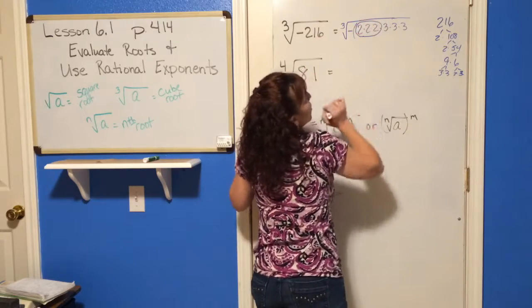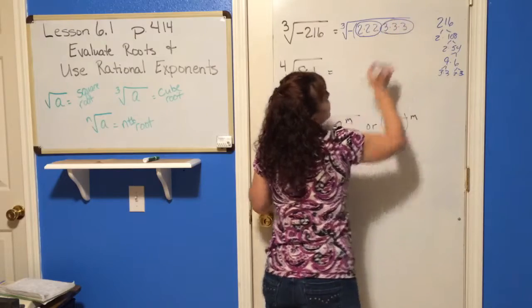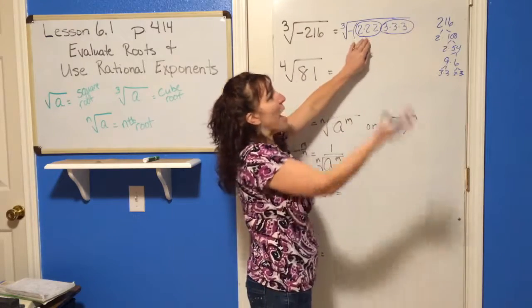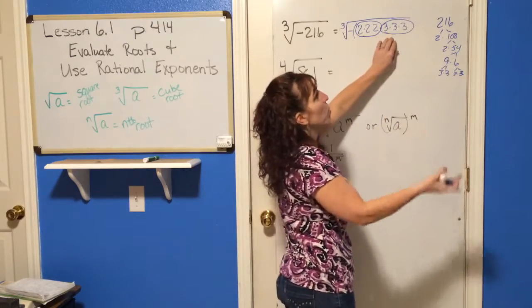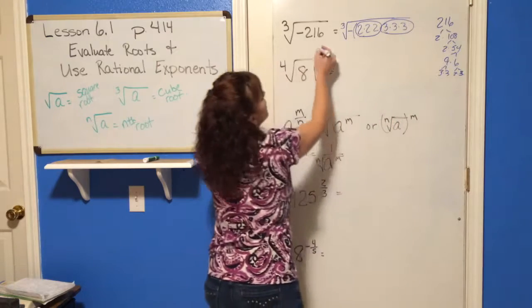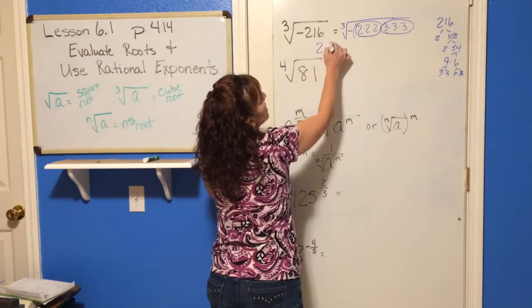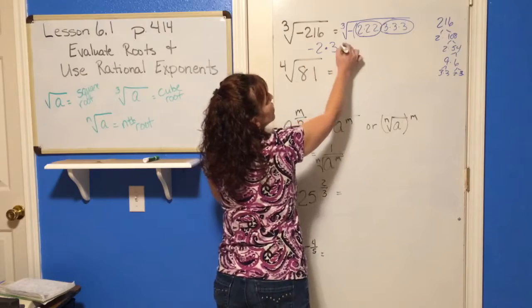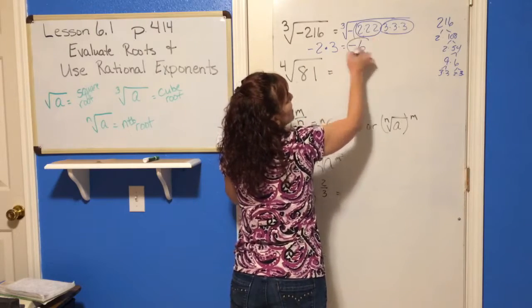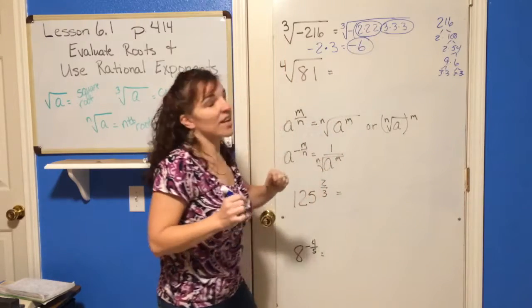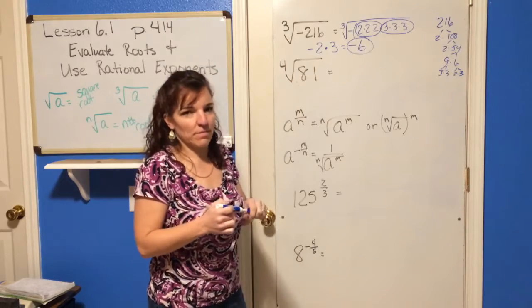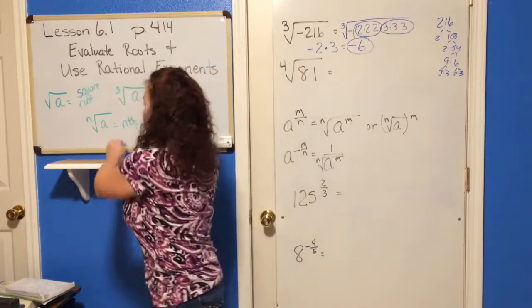So there's a triple, and here's a triple. So now a 2 will come out of the box, and a 3 will come out of the box. So you're going to end up with 2 times 3, and it's going to be negative, so a negative 6 is your cube root of negative 216. All right? Did I make that look easy enough?